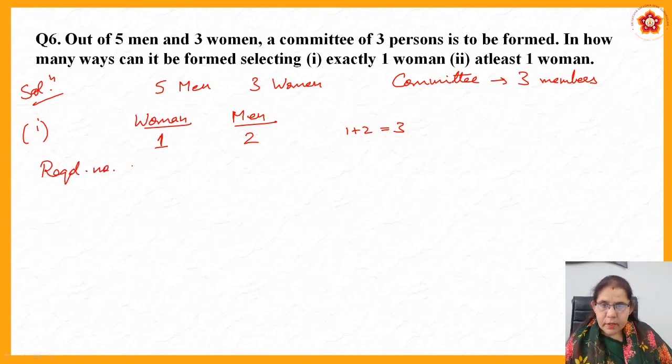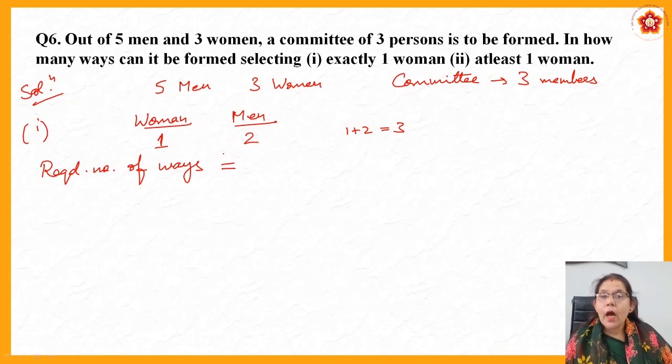So let me write the required number of ways. You have to select 1 woman. Total how many women were there? There were 3 women. Out of 3 women, you have to select only 1 woman. So we will write down 3C1.